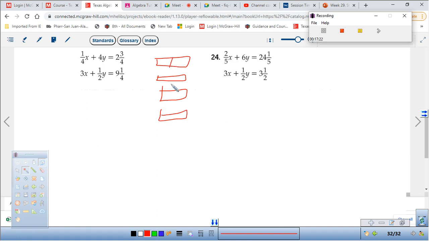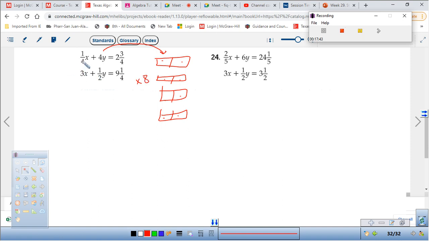Cut them in halves. 1, 2, 3, 4, 5, 6, 7, 8. So does that make sense? Since these are the smaller numbers I'm thinking, or these? Ooh, it's the same thing, right? Okay, so I would think about this, and then I would multiply by 8.